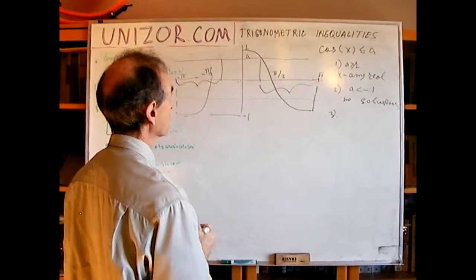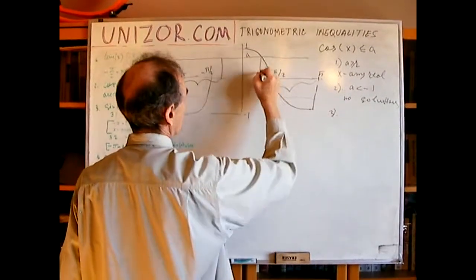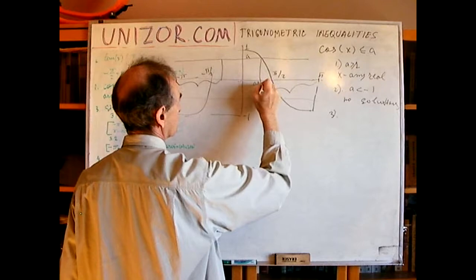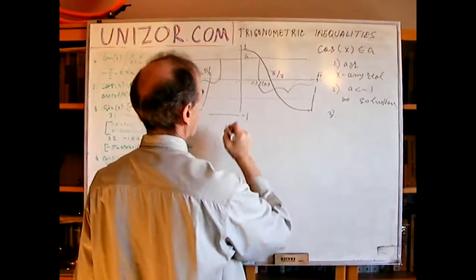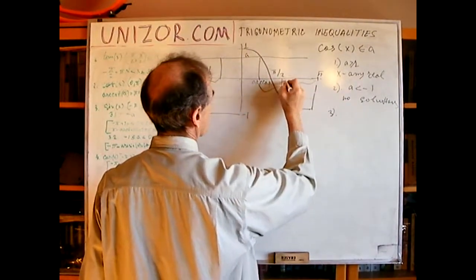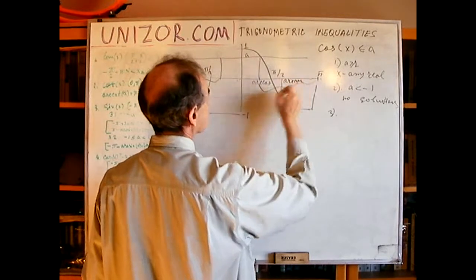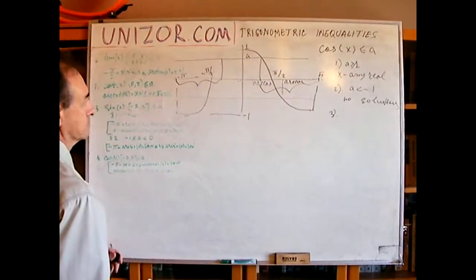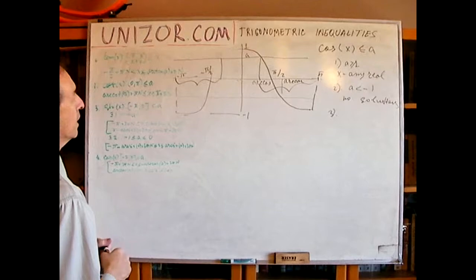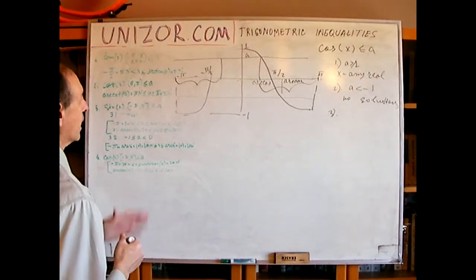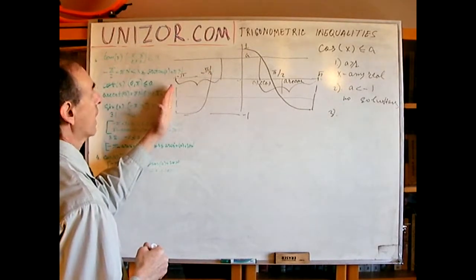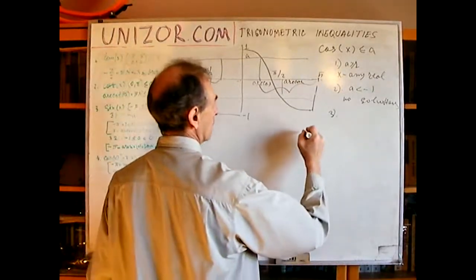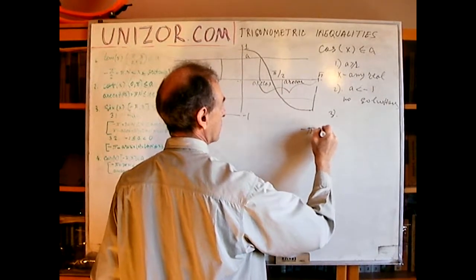So that's where we should really look for arc cosine. So arc cosine is always from 0 to pi. Okay? Now, how can I identify the left point? It's always minus pi.